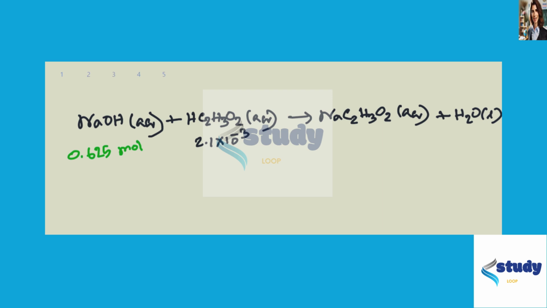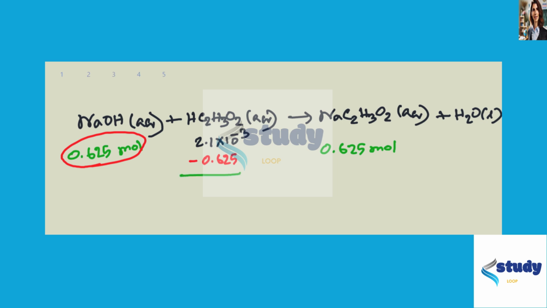That means this much base will react with the same amount of acid. That means it will subtract 0.625 mole from the acid, and it will add 0.625 mole sodium acetate.